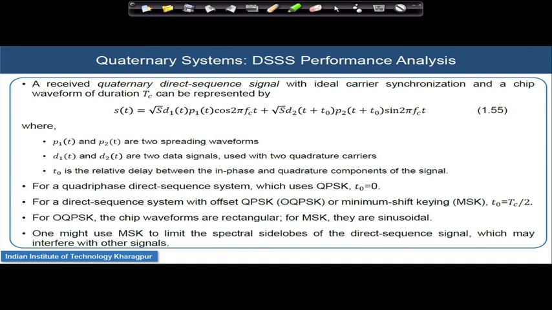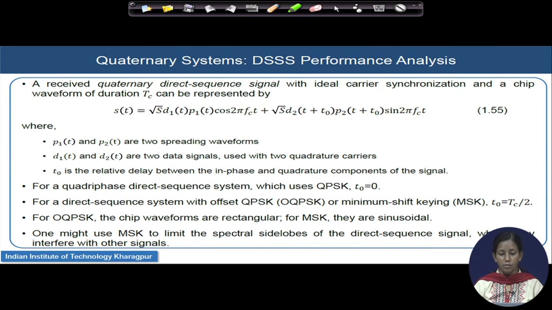Remember, the received signal of a quaternary direct sequence spread spectrum signal. If we consider that perfect carrier synchronization is available, and the chip waveform duration is considered to be Tc, I mean, exact code synchronization has happened, exact acquisition has happened, code synchronization as well as carrier synchronization is done.